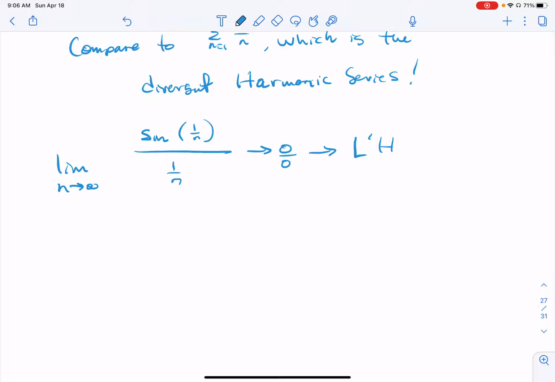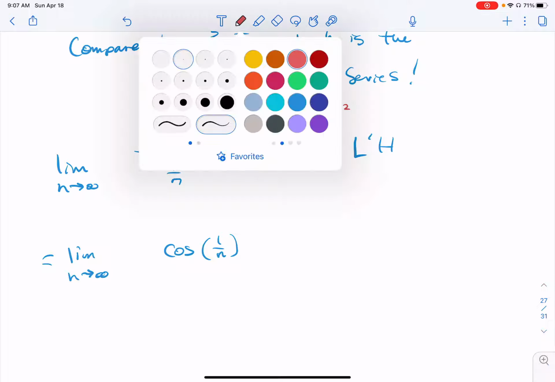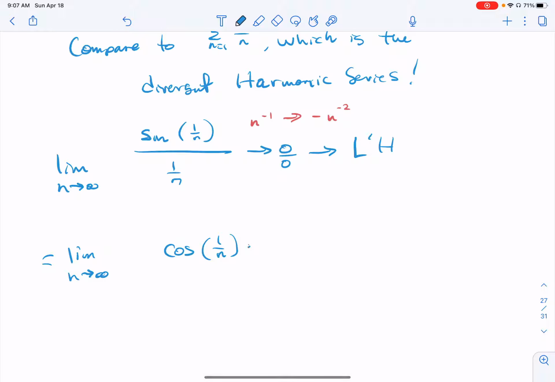Take the derivative of the top, take the derivative of the bottom. So this should be equal to the limit as n goes to infinity of, I'll have to use the chain rule, the derivative of sine of stuff is cosine of stuff, cosine of 1 over n. And now you need to take the derivative of 1 over n. Remember, we think of this as n to the -1 power. Taking its derivative gives negative n to the -2 power, so it becomes times -1 over n squared.